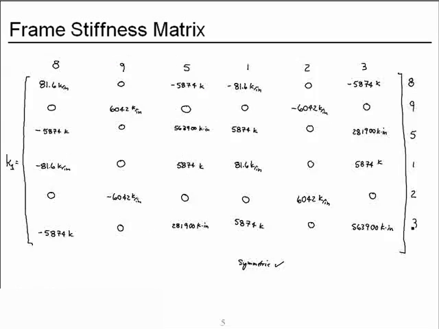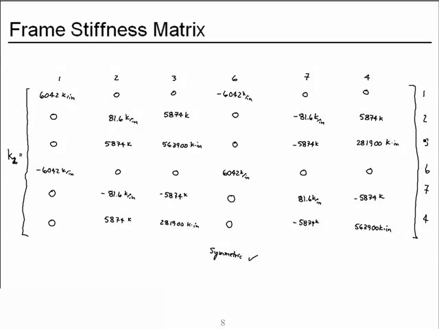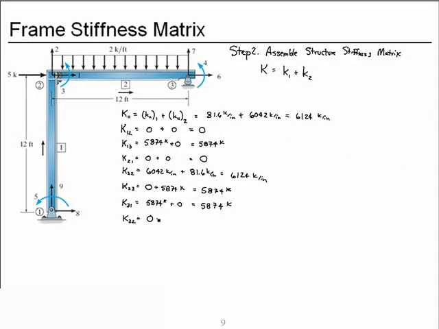K32, from member 1, row 3, column 2 is a 0, and from member 2, row 3, column 2 is this quantity. And that gives us 5874 kips for this stiffness coefficient as well.